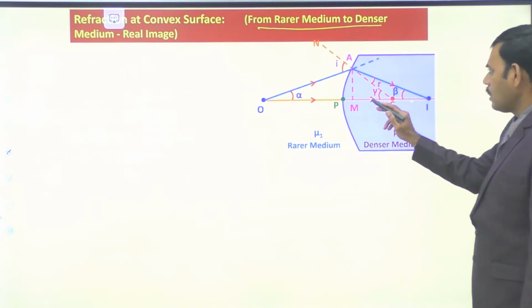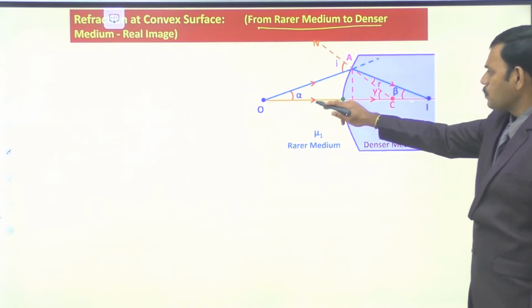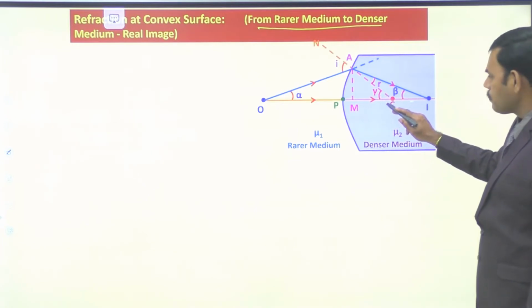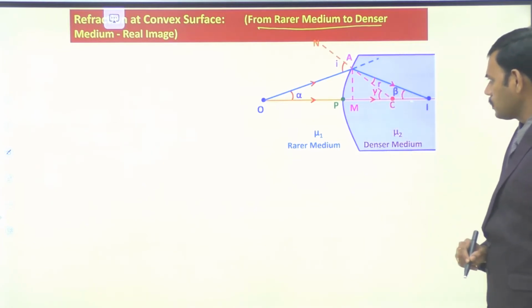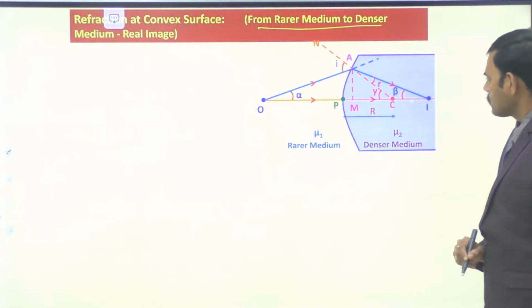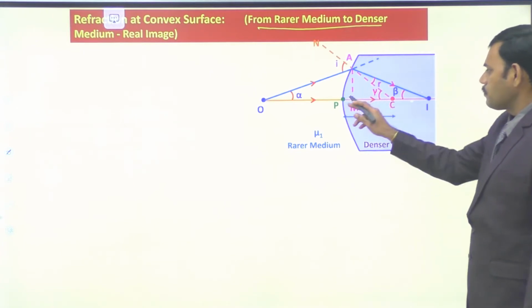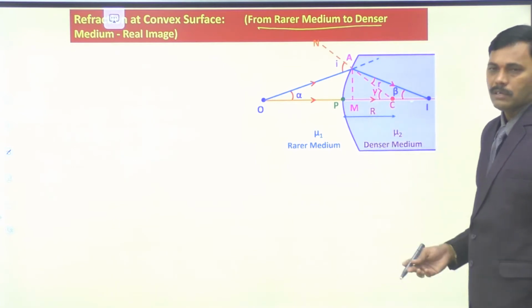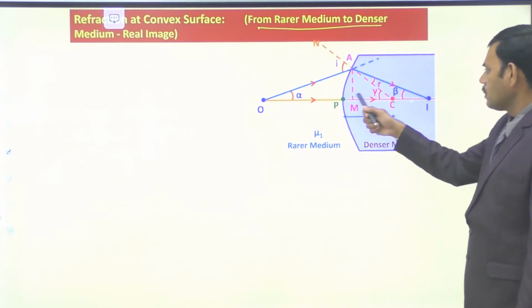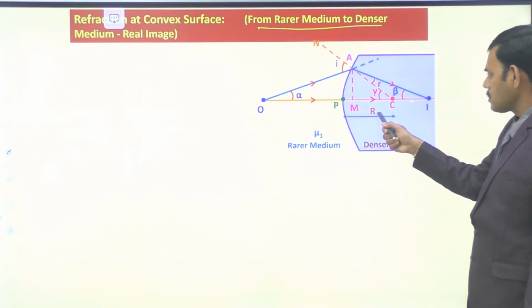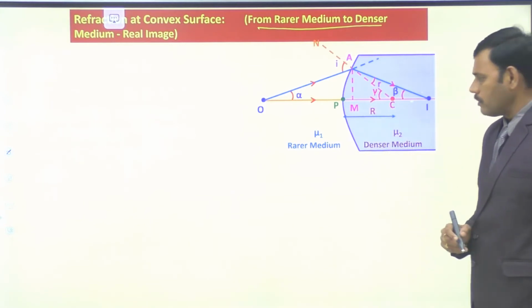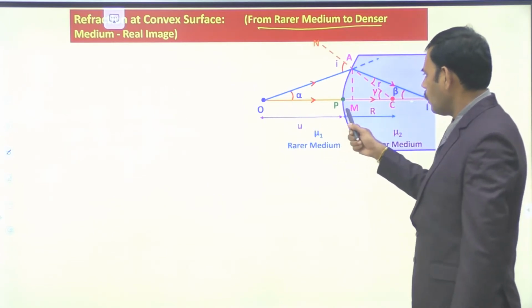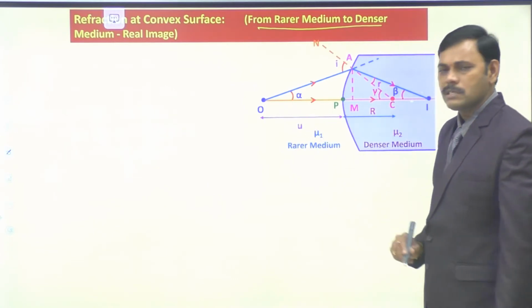Alpha, beta, gamma are the angle made by the incident ray with the principal axis, the angle made by the refracted ray with the principal axis, and the angle made by the normal with the principal axis respectively. Here the distances. All distances are measured from the pole of the refracting surface. That is the sign convention. So the distance of the center of curvature from the pole of the refracting surface is capital R, known as the radius of curvature. One more distance. The distance of the object from the pole of the refracting surface is the object distance, let it be u.